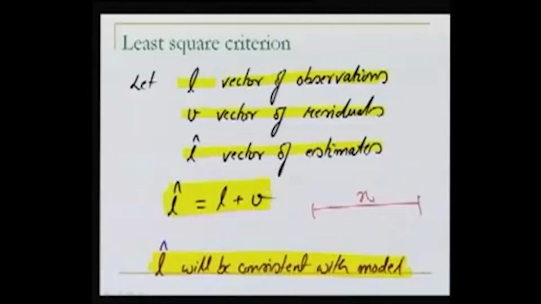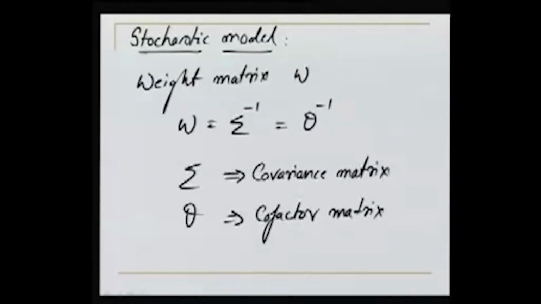So by the least square approach, we will try to find the estimates which will also be consistent with our model. In addition, we already know that we should take into account the stochastic model, where we account for it by the weight matrix.